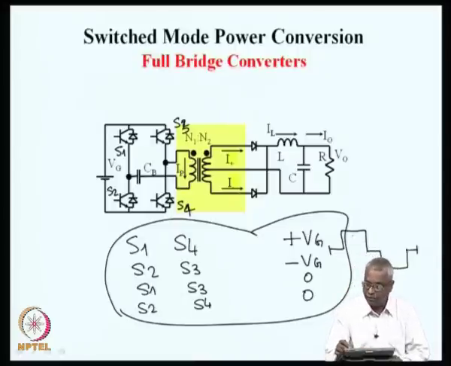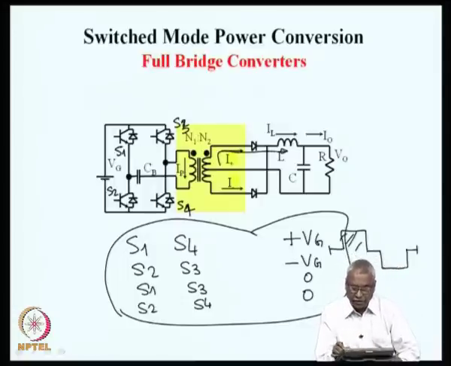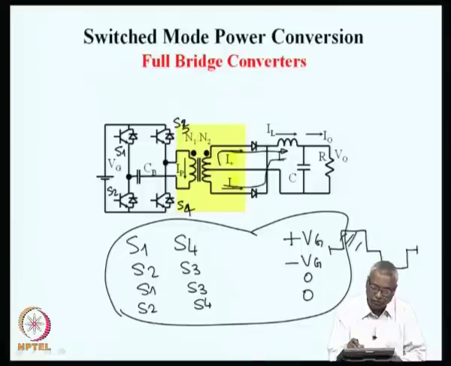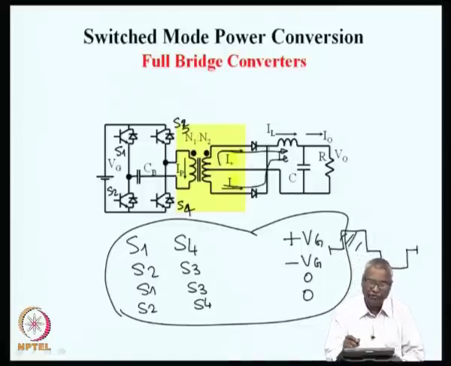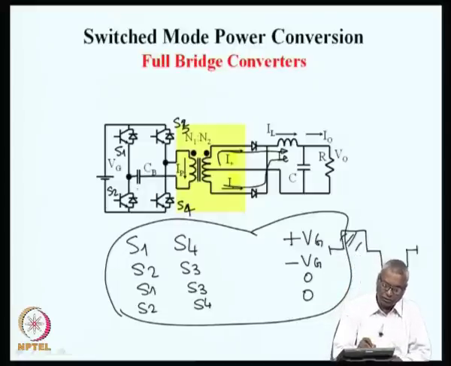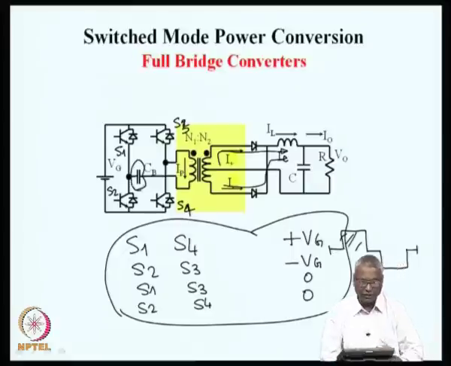And then during the positive half, through the top diode, the load will be supplied. During the negative half, through the bottom diode, the load will be supplied. And during the time the voltage is 0, there will be freewheeling of the load current through both the diodes. Now, I still have to explain about this blocking capacitor.